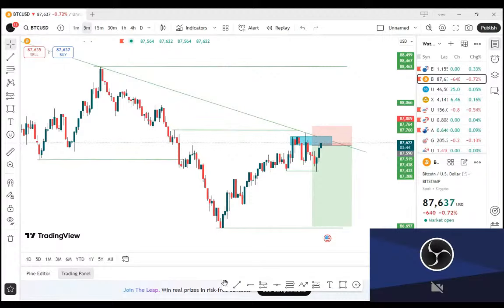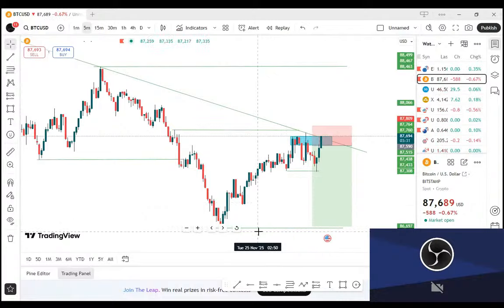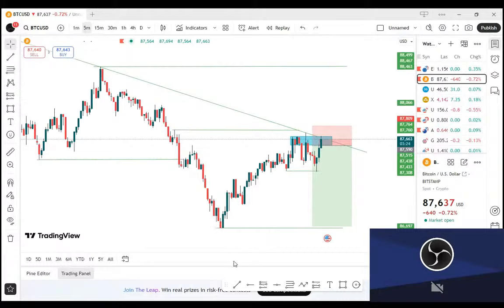Let's begin to present a review. So this currency went back to the trend line, hit it again. Let's see if the trend line is going to hold the sellers back.